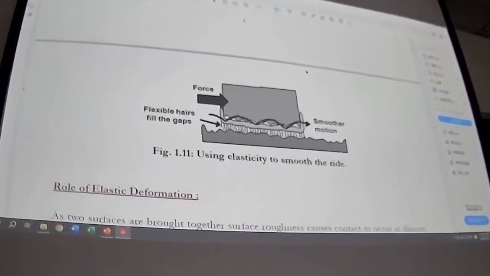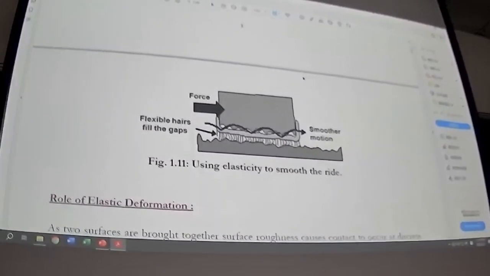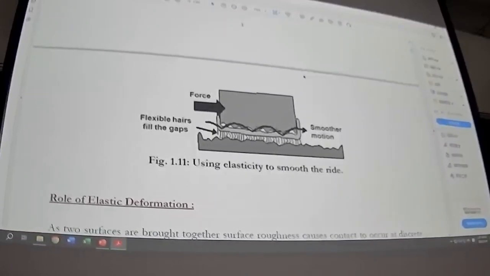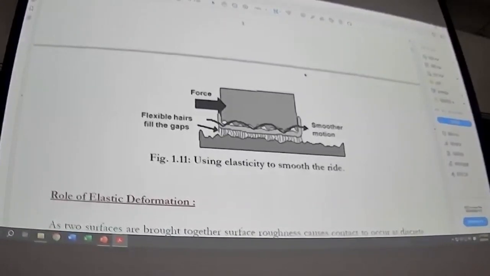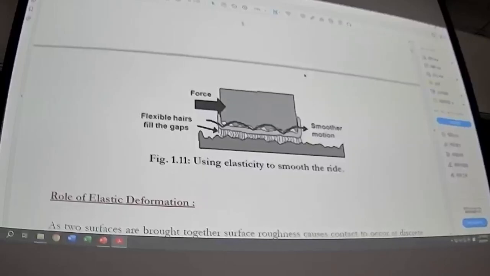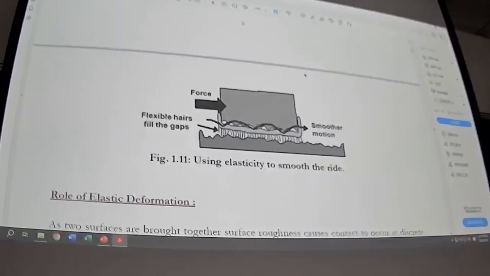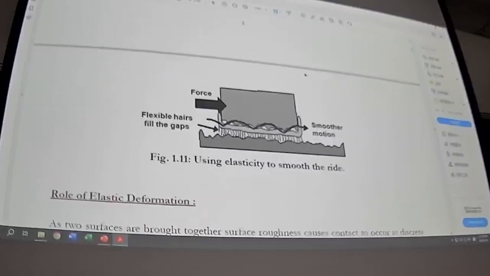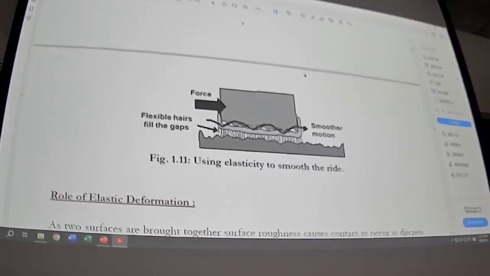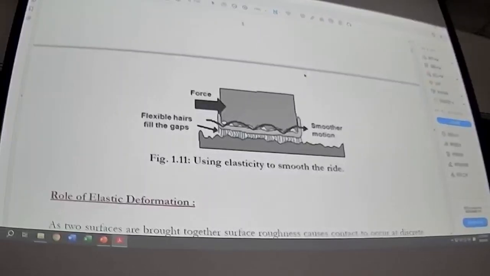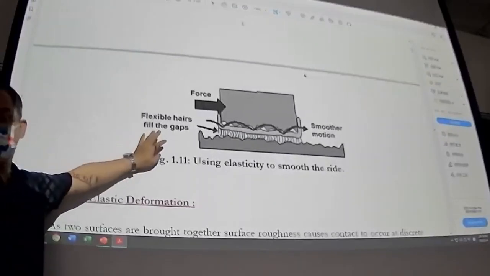If you just add lubricant, the coefficient of friction can be reduced by 10 to the minus 2 to 10 to the minus 3. So this is the easiest way you can reduce your coefficient of friction, by adding some lubricant between the contacting interface. Okay.